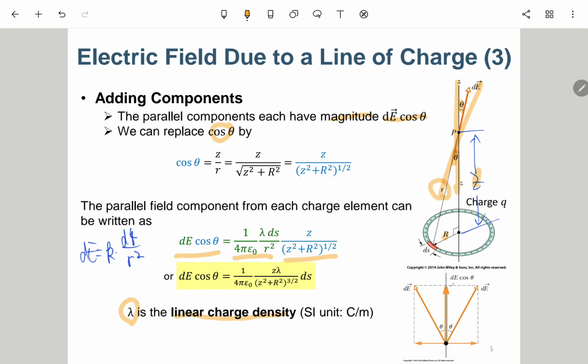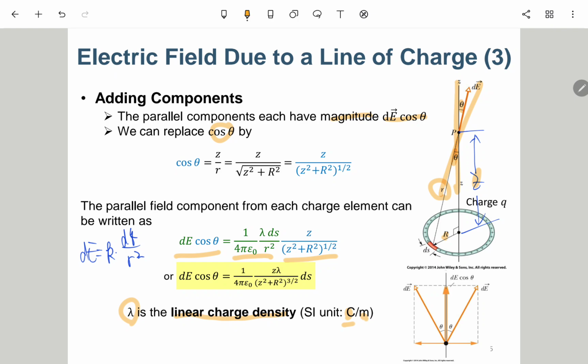The SI unit of this linear charge density will be C over m. C is the SI unit of charge. So the coulomb for each meter. So this is a linear charge density.